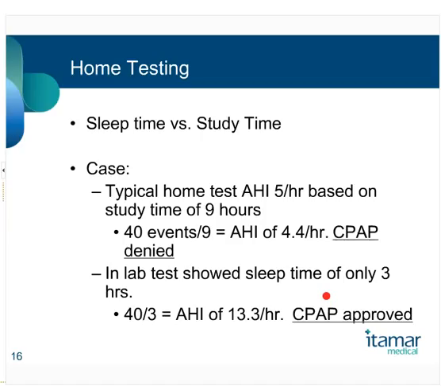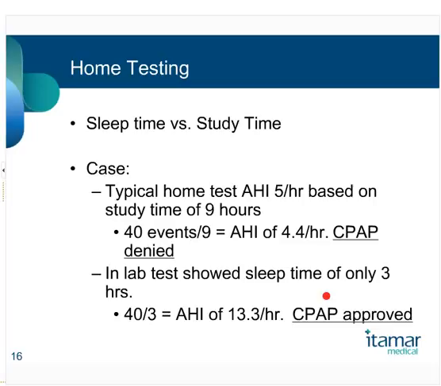With home testing, there are a number of important differences from laboratory testing, and one of the important differences is what is the denominator in the calculation of either the apnea-hypopnea index or the respiratory disturbance index.